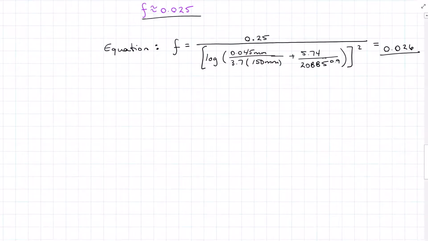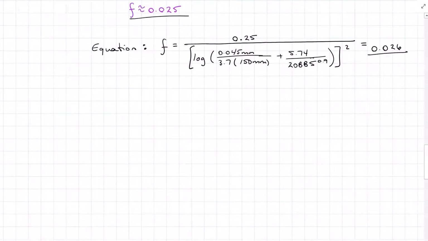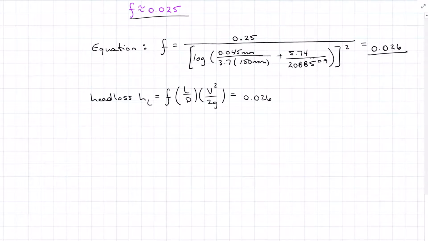With those friction factors, we can plug it into the head loss equation. I'm going to use the larger number because it's a more conservative head loss. And we have 1 kilometer over the diameter, and then that velocity we calculated earlier, all over 2 times gravity.